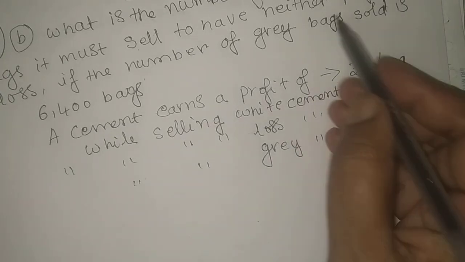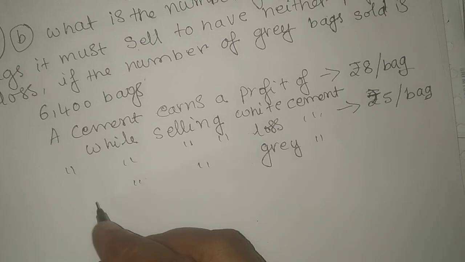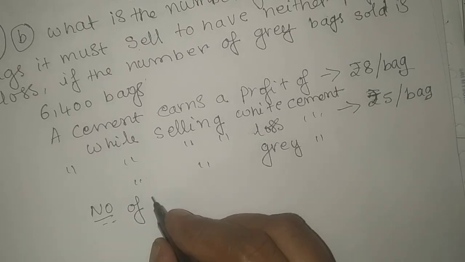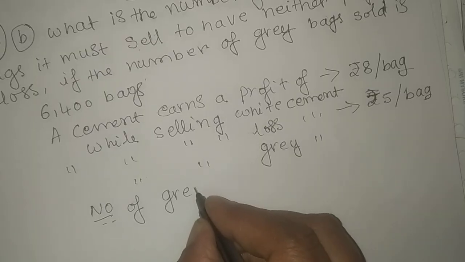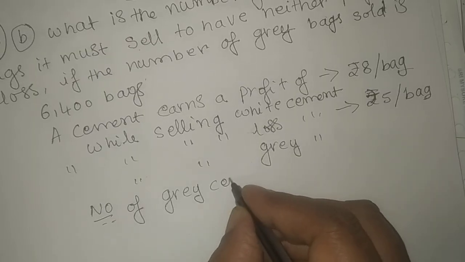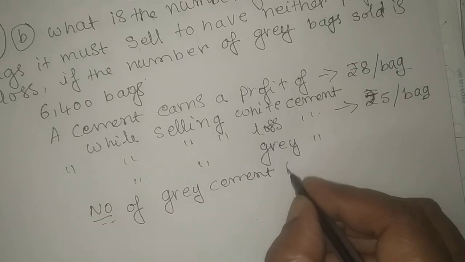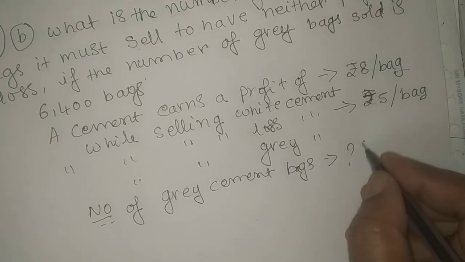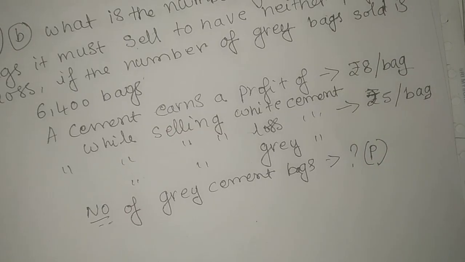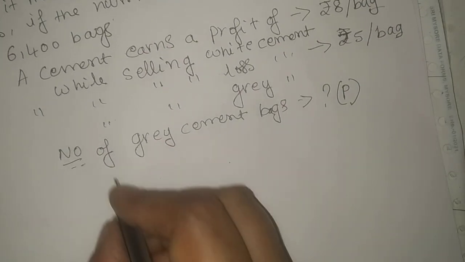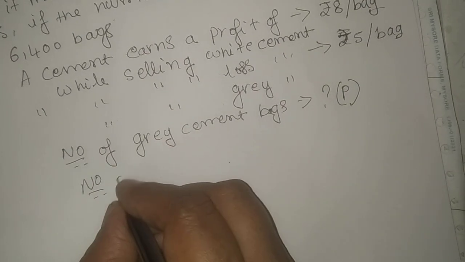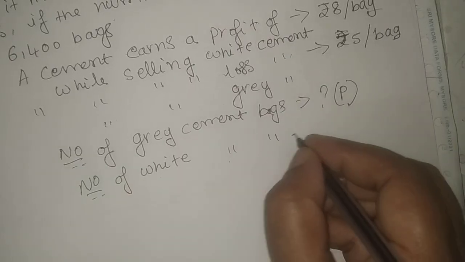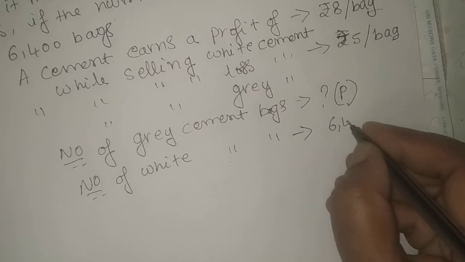So now the data given is, we don't know the number of white cement bags. We have to find out the number of white cement bags, which is equal to how much, or we can take it as P. The number of grey cement bags given is 6,400 bags.